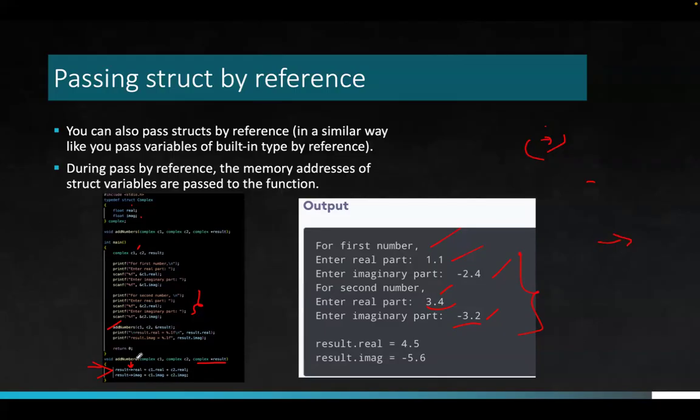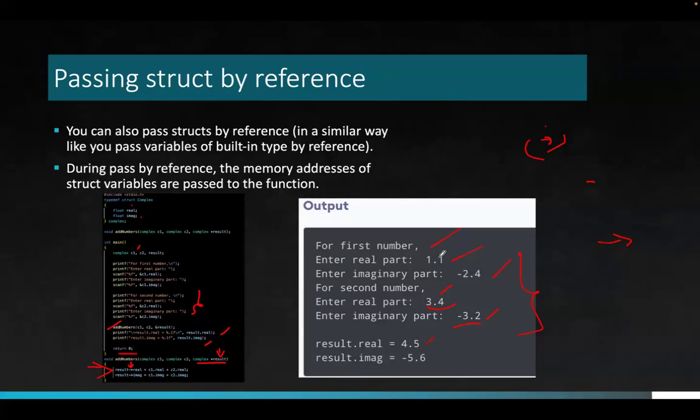Once this is done, the function exits, as it's void, right? It doesn't need to return anything. And this is a pointer, so it stores in the respective addresses of the variables. When that is done, we can access the data as result.real and result.imaginary, and return 0.